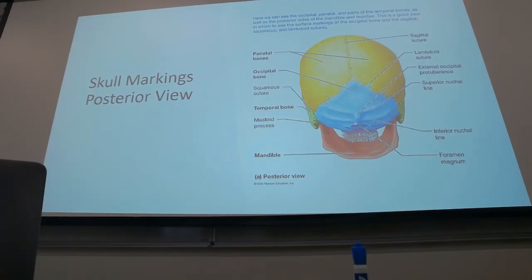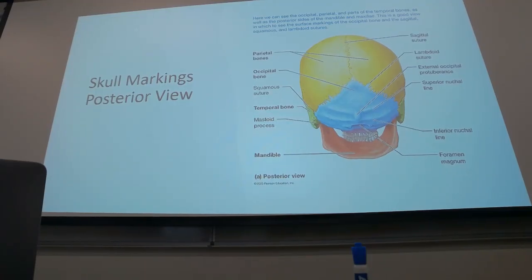And then you can see as well, just below, in the edge of the occipital bone, the foramen magnum. Magnum means big. And then foramen, if you remember, means hole.